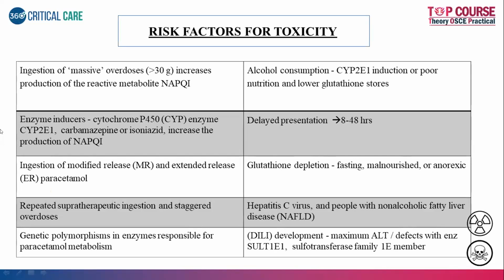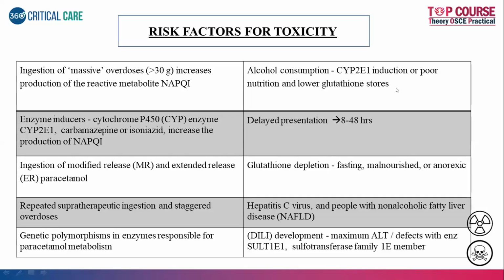So the first risk factor is any ingestion of massive doses, like more than 30 gram. Second, if the paracetamol is ingested together with alcohol consumption. Okay, because alcohol consumption will lead to CYP2E1 induction, which may lead to increased NAPQI formation.